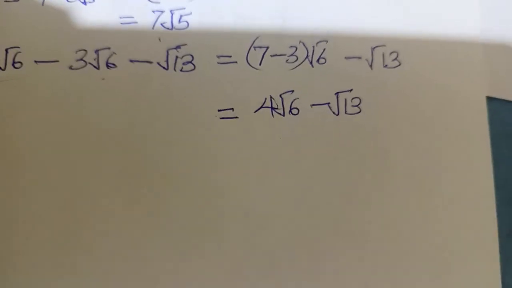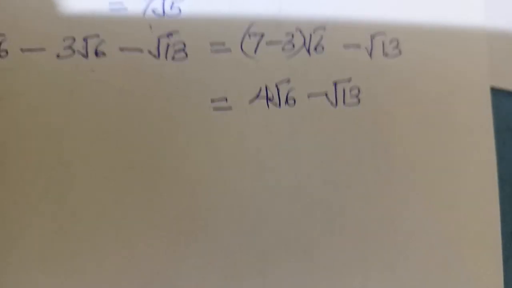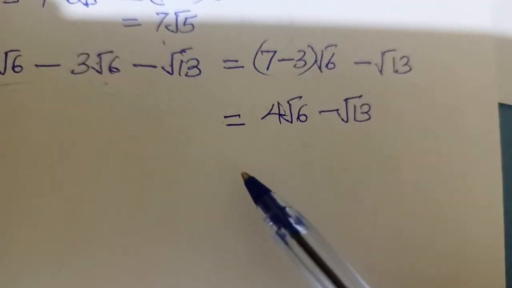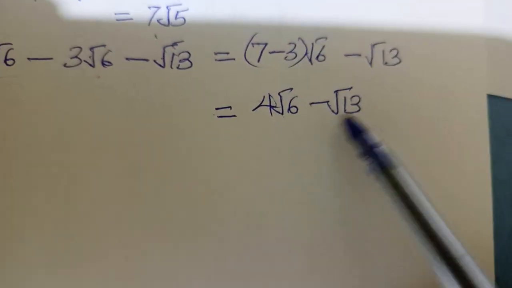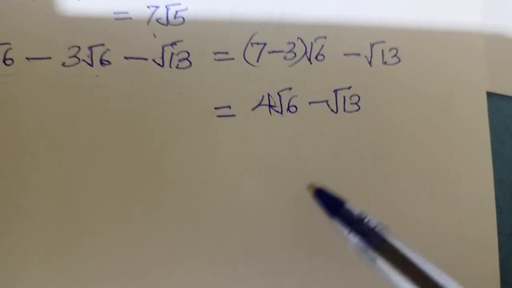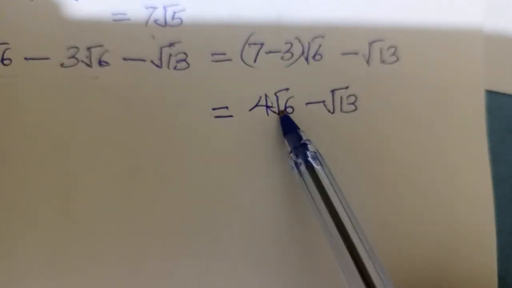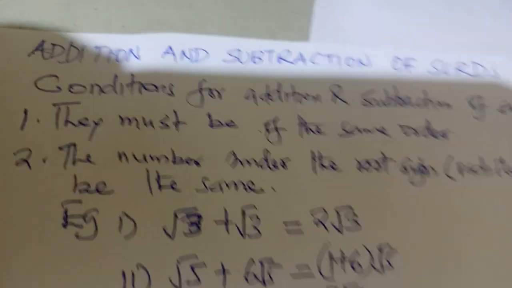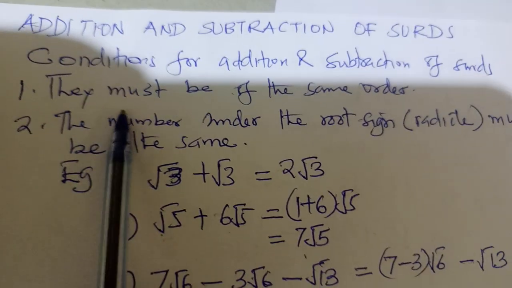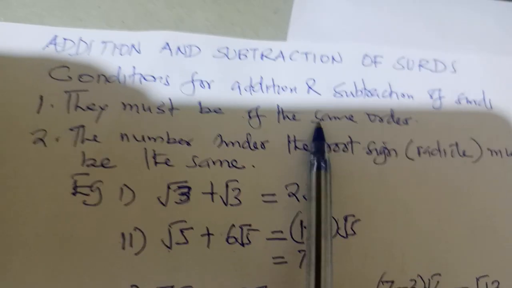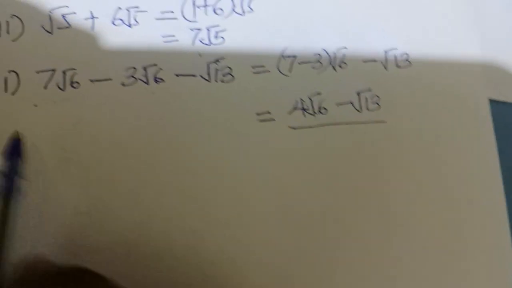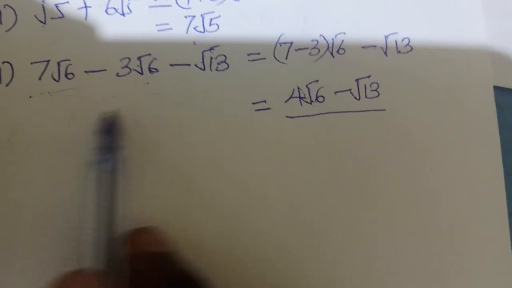Now here, finally we have two surds, but only one condition is fulfilled. The two surds are of the same order, but you can see under the root here we have root 6, and there we have root 13. So this second condition that we said has not been fulfilled, and therefore we can't go further than this in the solution to this problem.